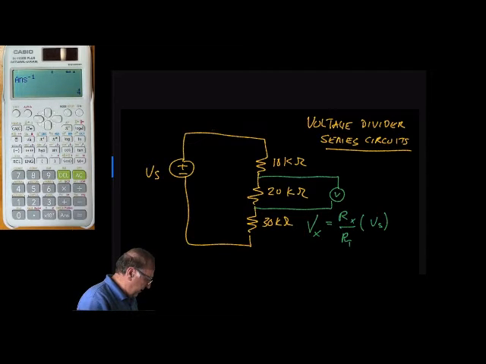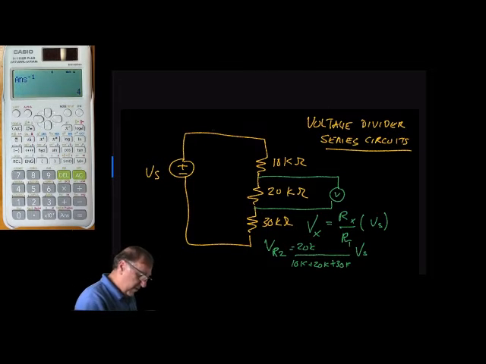So what we can say now is VR2, which is what we're trying to determine here, is equal to 20k over 10k plus 20k plus 30k, times Vs. If you do the math here, that comes out to 33.3 volts.